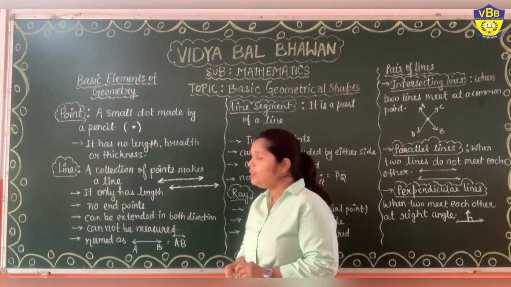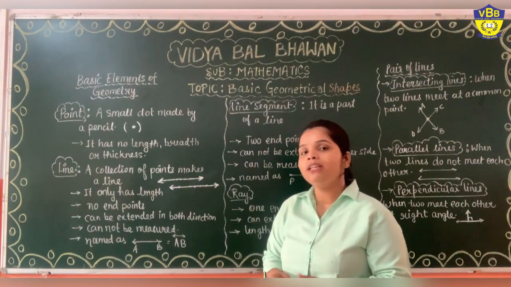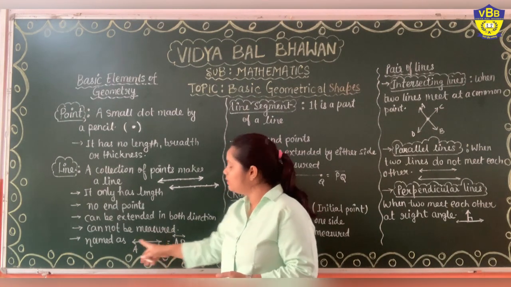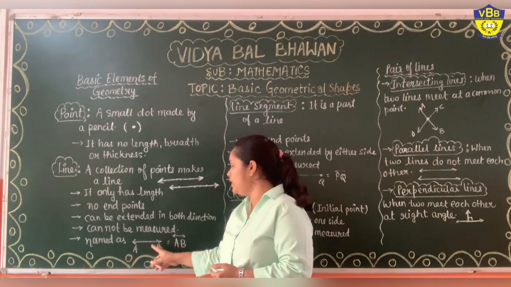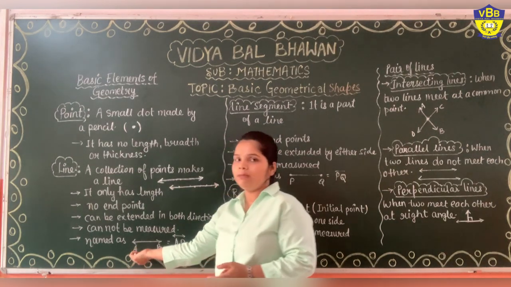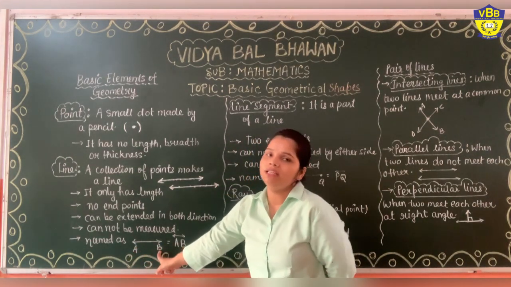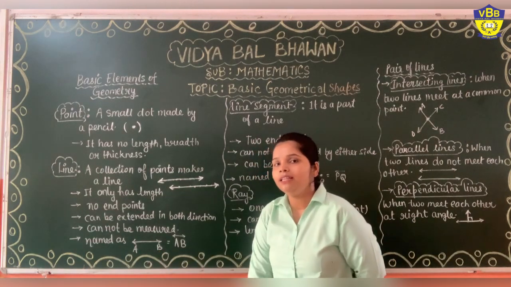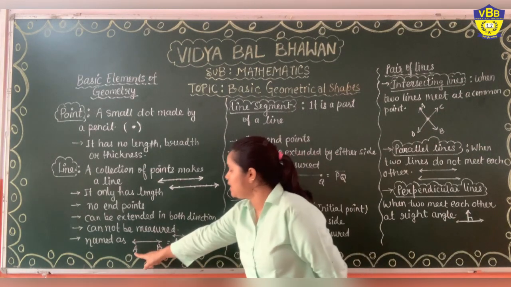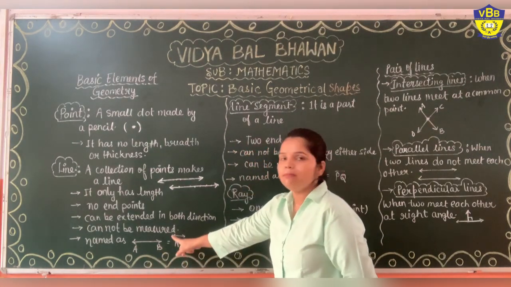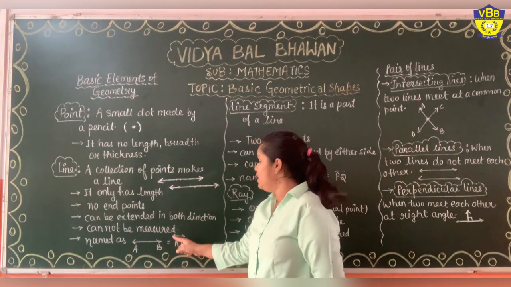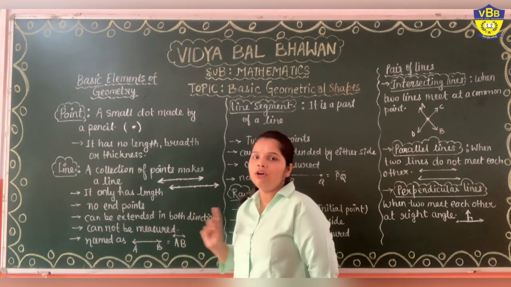Now, how do we write the name of a line? Suppose this is a line with arrows on both ends, and here it is represented as A, here it is B. It will be written as AB, and the symbol above AB should be the symbol of a line, a line with arrows on both ends.